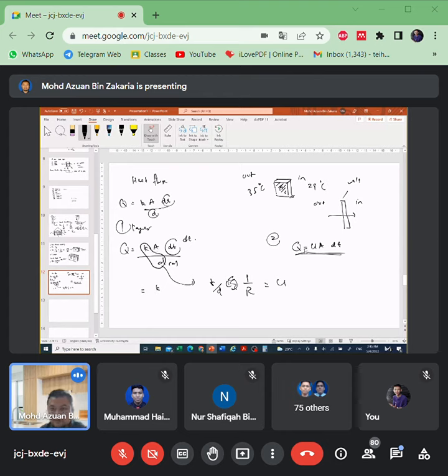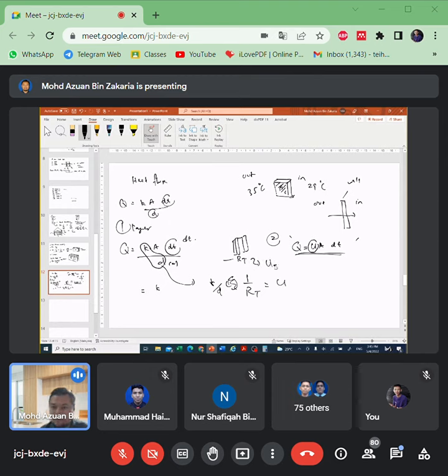Number two, what can we use with this equation? In case our U value is based on R total, for several layers, we have R total, right? So from R total, we can derive the U value.